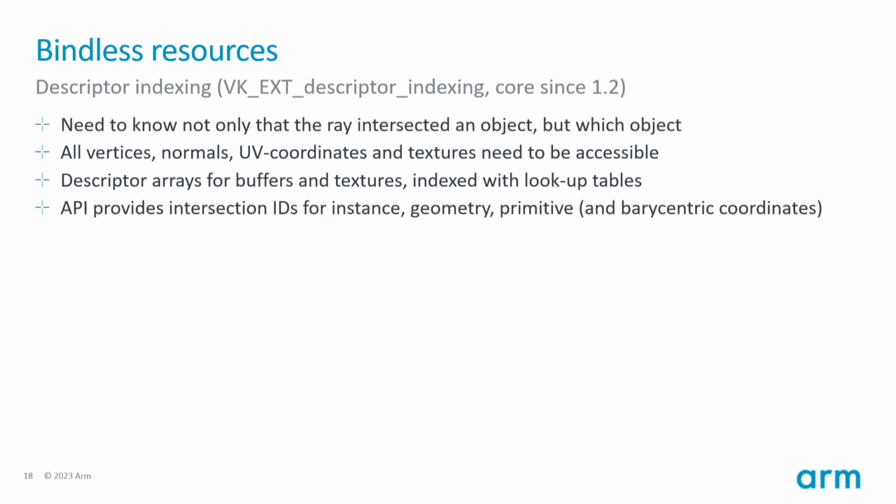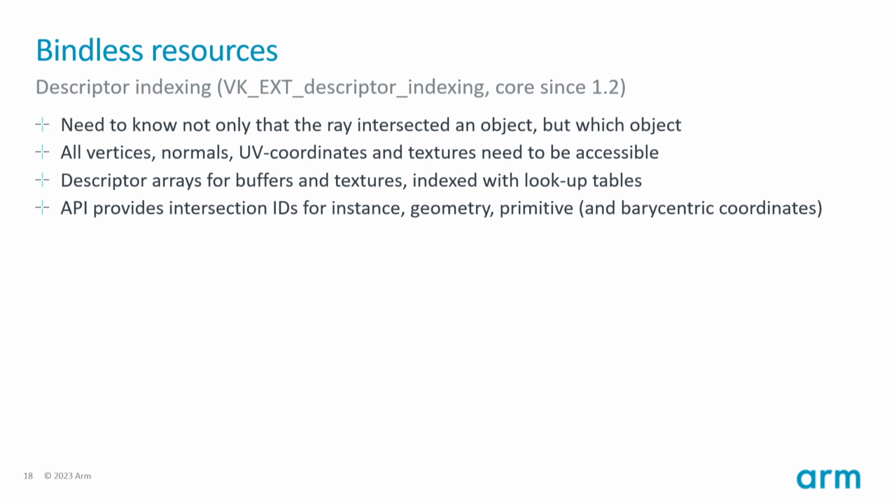We also need to know exactly what we hit, and use that information to retrieve the intersected object's color. For that, we need to be able to access all data for all the objects and the materials in the scene.